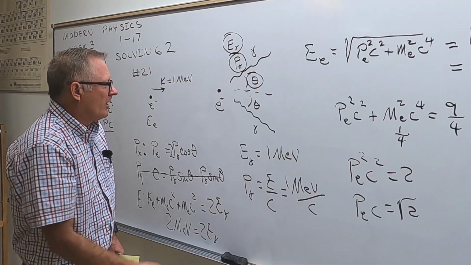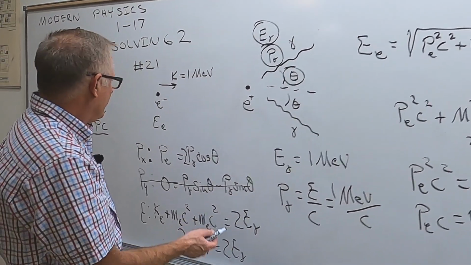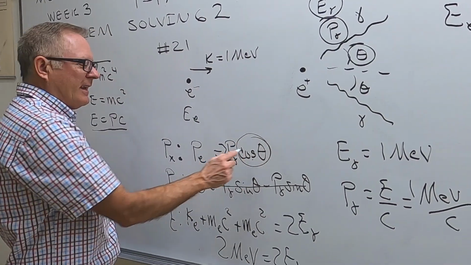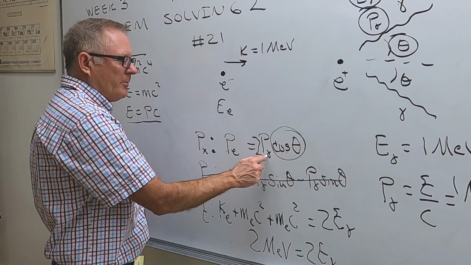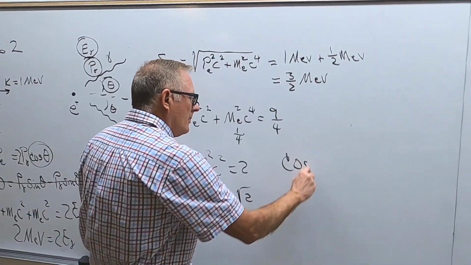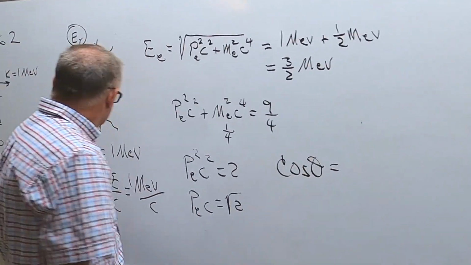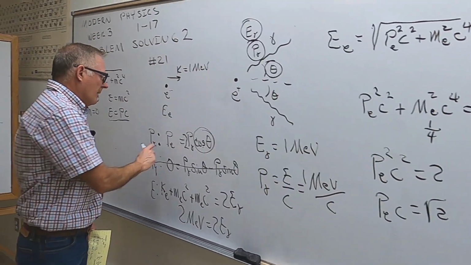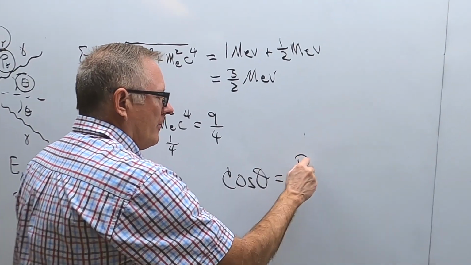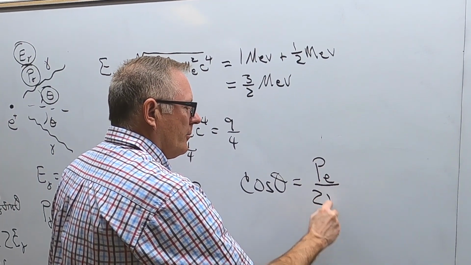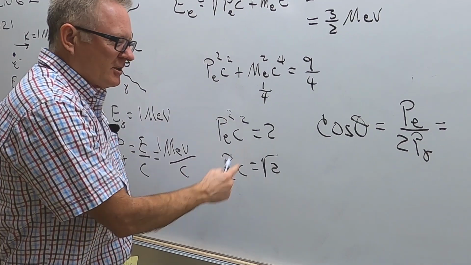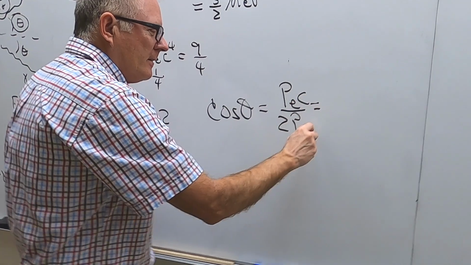Now we can calculate what we want, which is this angle. So the cosine theta equals P sub E over 2P gamma. I'm just going to multiply top and bottom by C. Why?